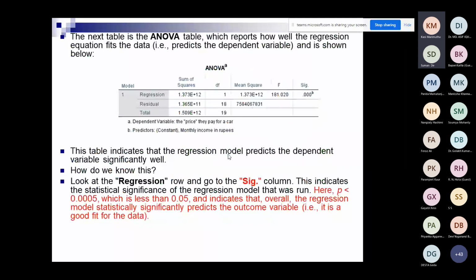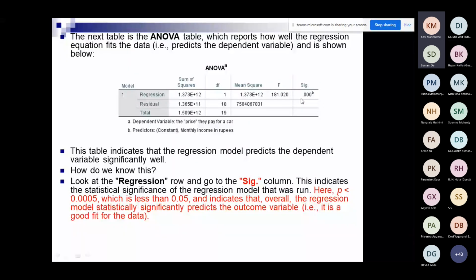SPSS will also give you the ANOVA table. You are going for regression, but whether your independent variable significantly predicts the dependent variable, whether your income significantly predicts the price of the car, we need to refer to this ANOVA table. This value we have to capture.